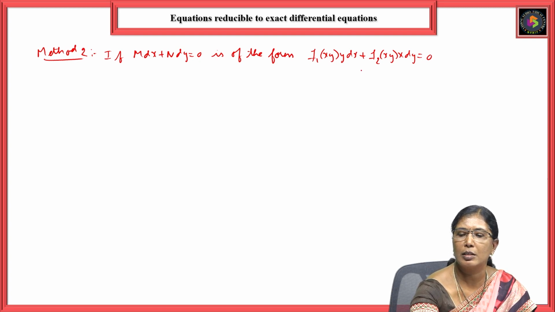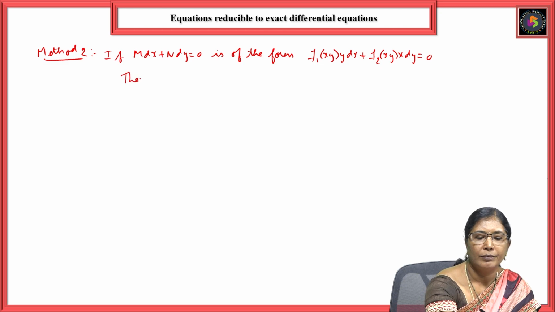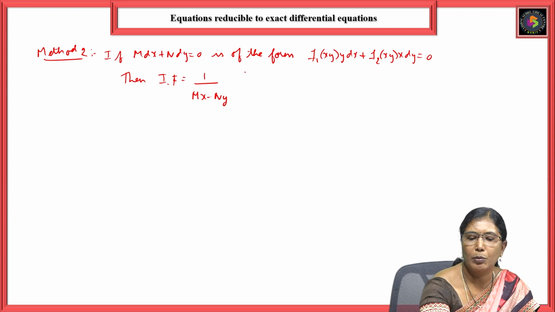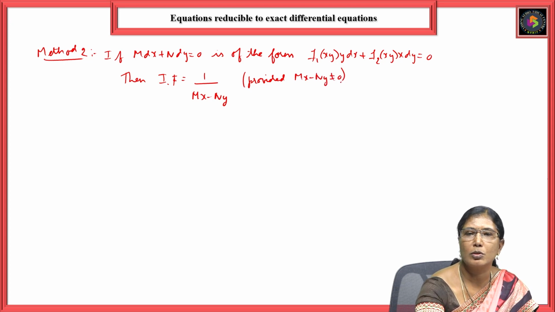If the equation is in this form, then the integrating factor is equal to 1 by (Mx minus Ny), provided Mx minus Ny is not equal to 0.